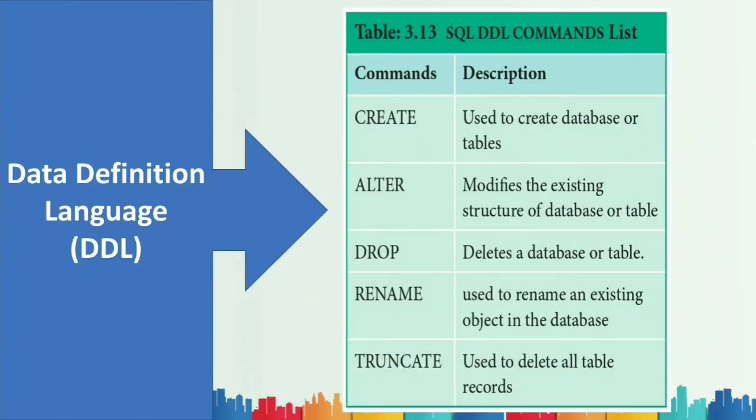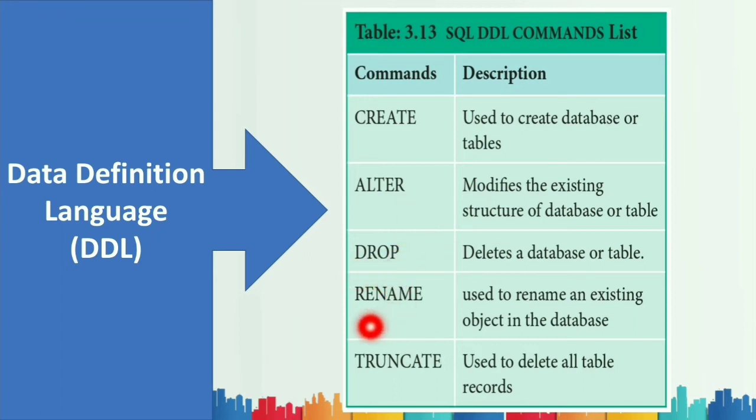In data definition language, we have 5 different commands. The first command is create. The create command is used to create the database and the tables. If there is any modification in the created table, you have to use the alter command. If you want to delete the entire structure of the table or the database, you are supposed to use the drop command.